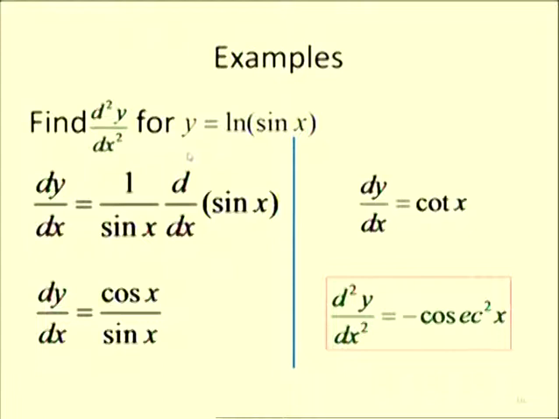So the derivative of y is equal to log sin x is cot x, and the second order derivative, d2y by dx2, is equal to minus cosec square x. Similarly, we can find the third order and fourth order derivatives, but as we have seen, that is not in the syllabus of the diploma curriculum, so we will not discuss that.